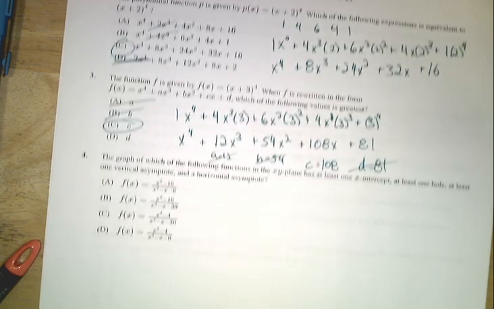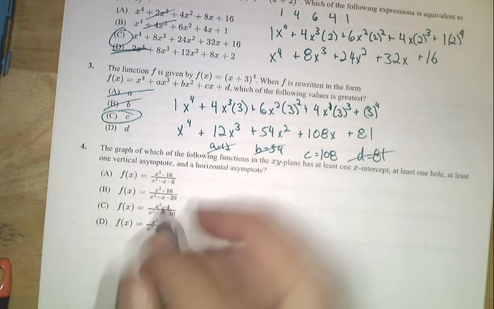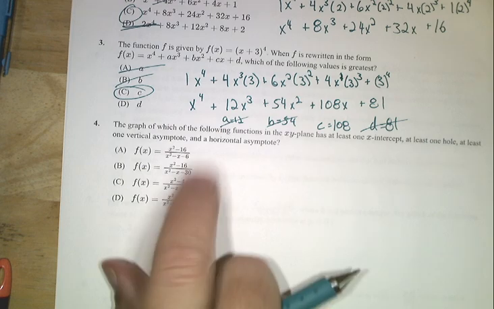The graph of which of the following functions in the xy plane has at least one intercept, at least one hole, at least one vertical asymptote and a horizontal asymptote. So it needs one of just about everything. Okay, so we're going to have to factor each of these.